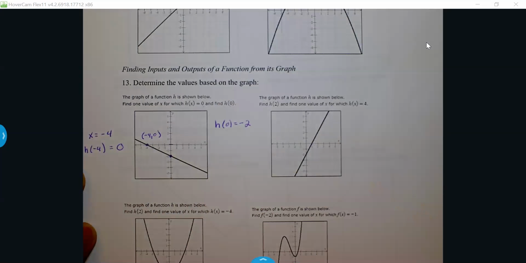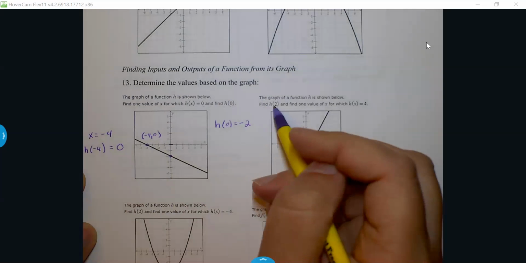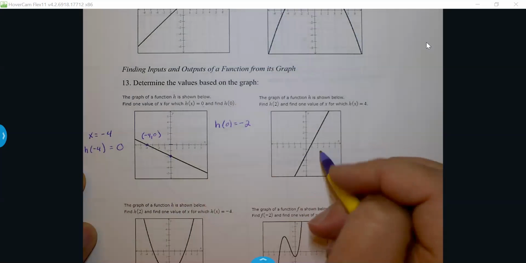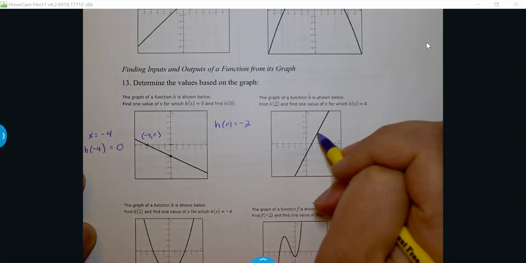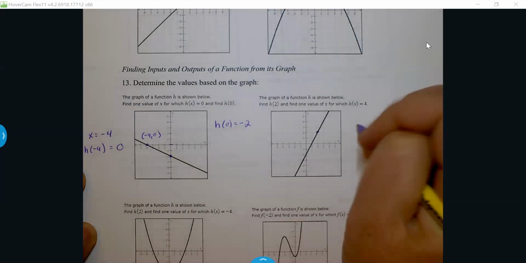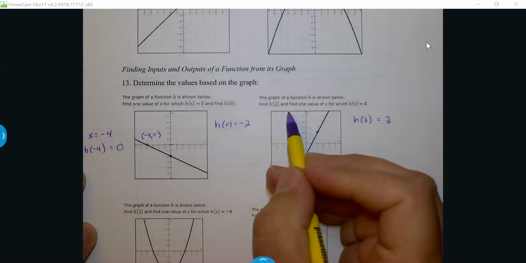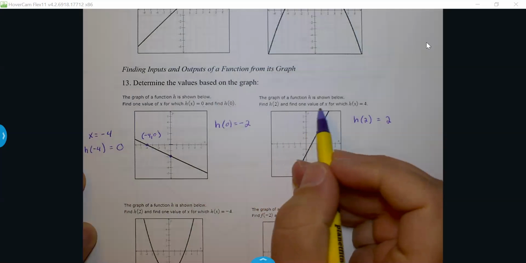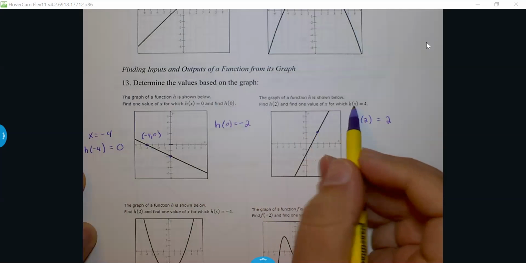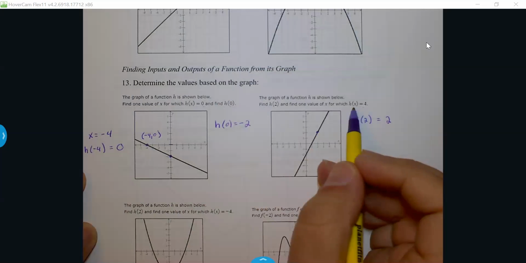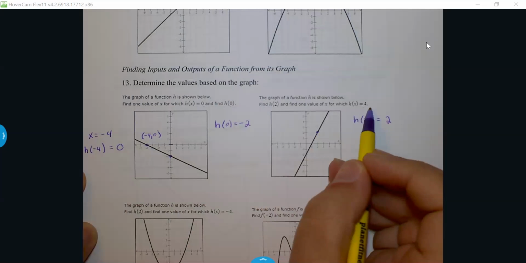Same thing over here. They want us to find h of 2. So we want to find the y value when x is 2. That looks like it is also 2. So h of 2 equals 2. And then they want us to find one value of x for which h of x is 4. So they're giving us a y value here. We have to give them the x that lines up with that y.